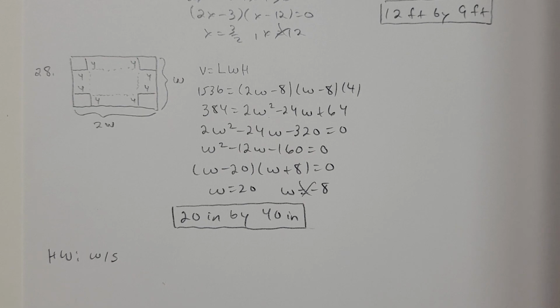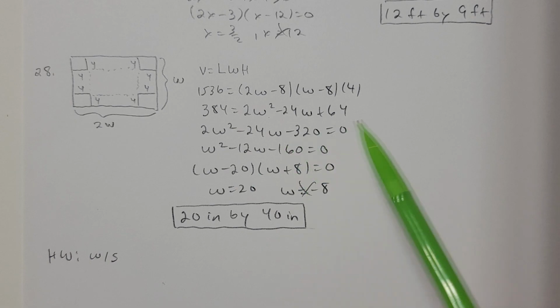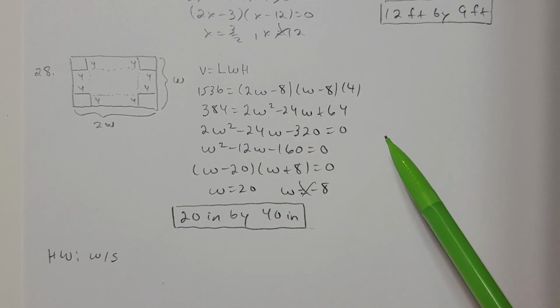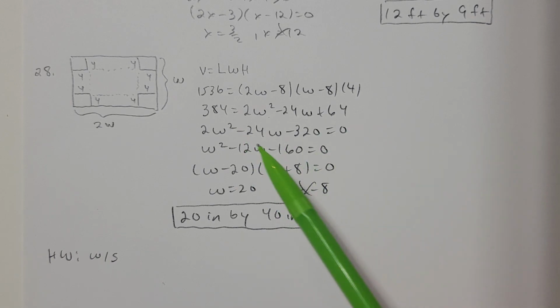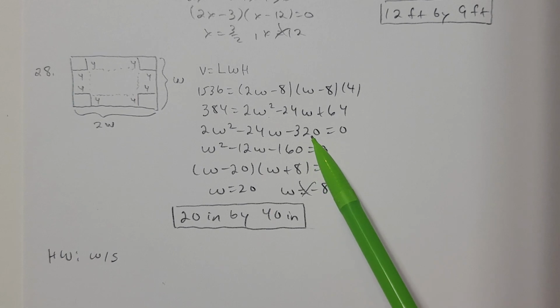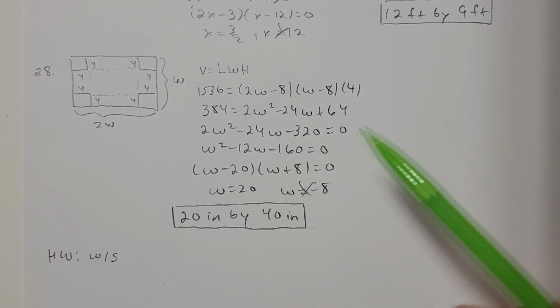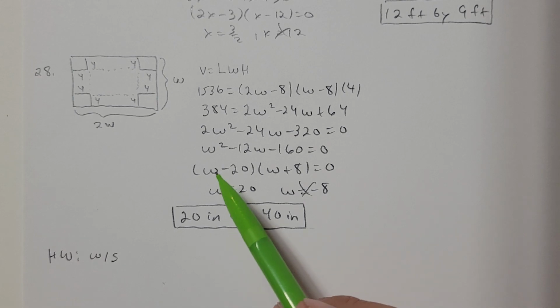Okay, solve for W. Well, all three of these numbers are even numbers, right? So I can divide by 2 to start. And I'm going to have W squared minus half of 24, which is 12W, minus half of 320, which is 160. And so then this should factor nicely.